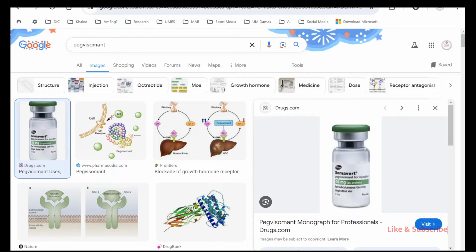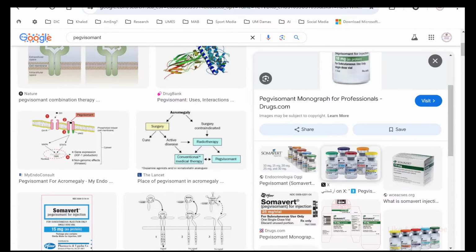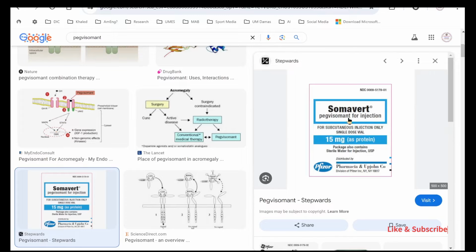Okay, I'm sharing the Google image with you now. You can see the pegvisomant here, coming as a vial. We have several concentrations for pegvisomant: 10 milligram, 15, 20, 25, 30 milligram, and 50 milligram. We have different doses, and if you click on this one, you can see the brand name and generic name.